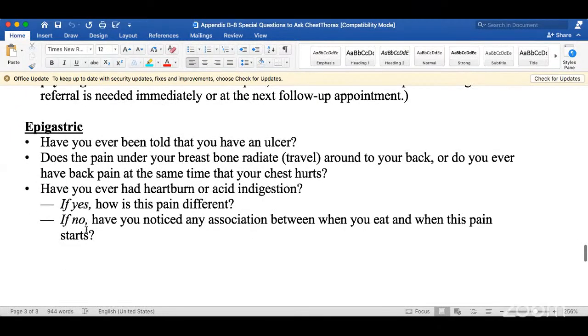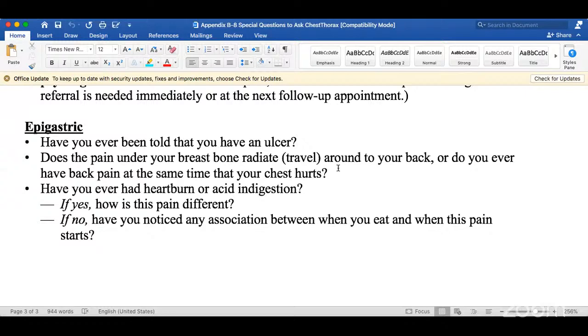Then epigastric, GIT. Have you ever been told that you have an ulcer? That can make a patient feel tightness in the chest, and you'll be thinking it's pulmonary or it's cardiac. Does the pain under your breastbone radiate around to your back? Remember GIT.